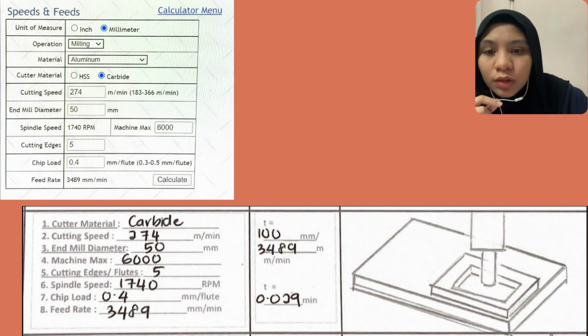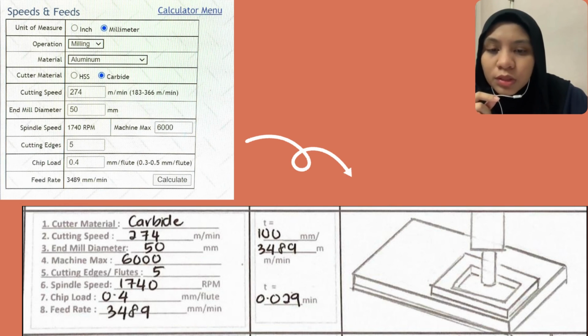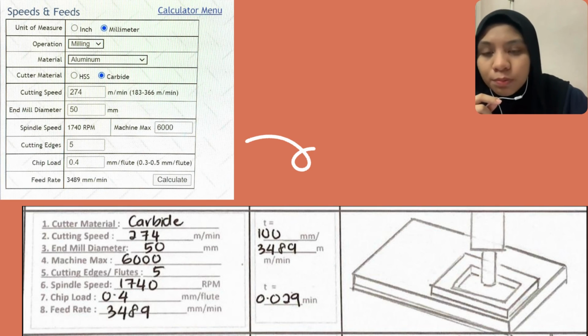We calculate it by using length of cut divided by the feed rate that I got earlier. The length of cut is 100 millimeter divided by the feed rate of 3489 millimeter per minute. After we calculate it, the estimated time is 0.029 minute. Okay, that's done for part C.